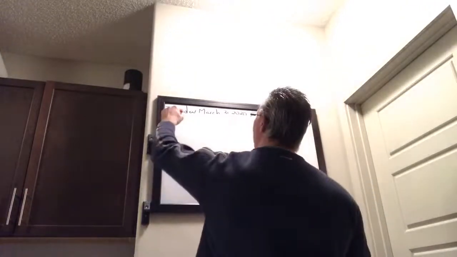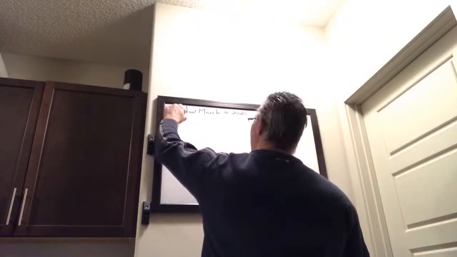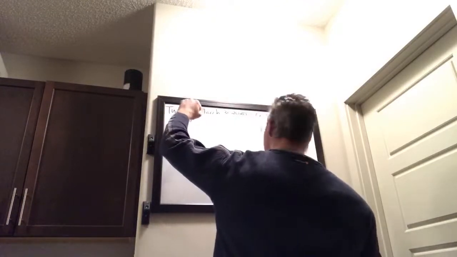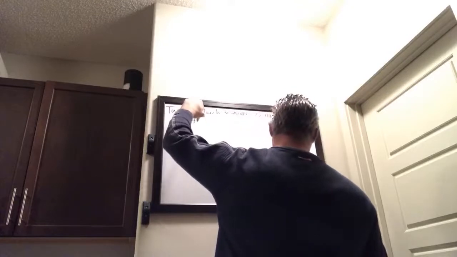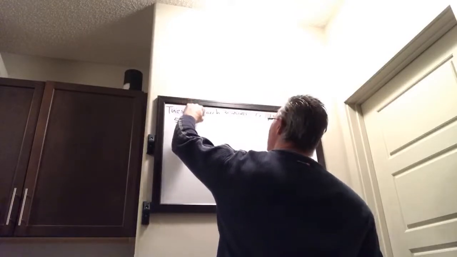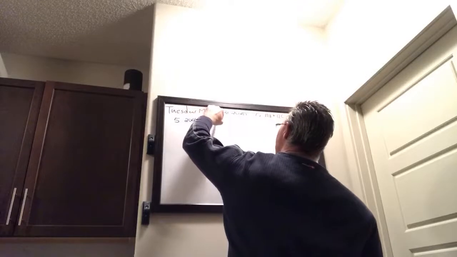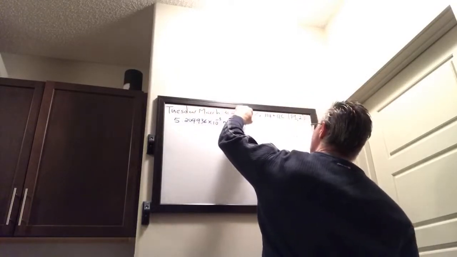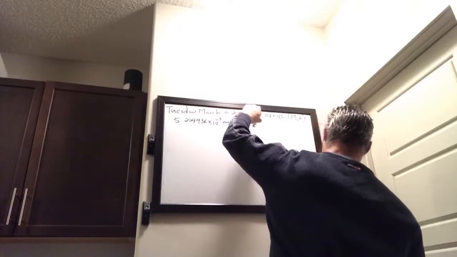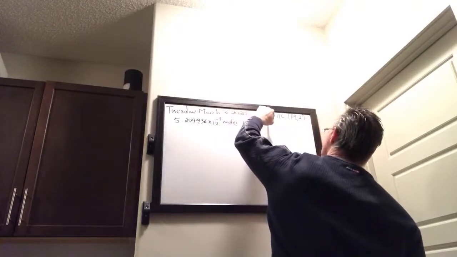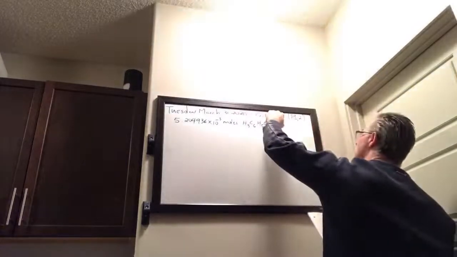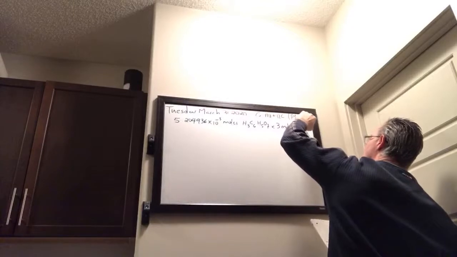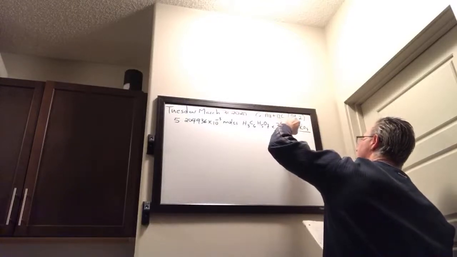So we start off with 5.204936 times 10 to the minus 3 moles of citric acid, H3C6H5O7, times 3 moles of sodium bicarb, NaHCO3, for every 1 mole of citric acid.